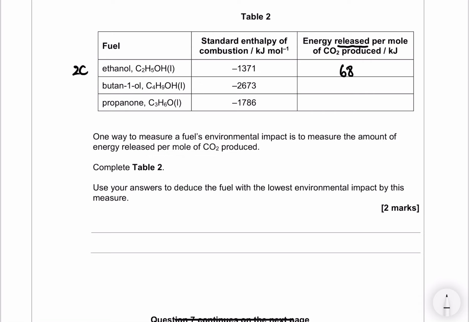It would be half of 1,371, which is 685.5. If we take butan-1-ol, which has 4 Cs, we divide 2673 by 4, because it would make 4 CO2s, and we get 668.25. And if we take propanone, which has 3 Cs, we divide 1786 by 3 and get 595.3 recurring.